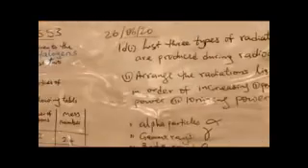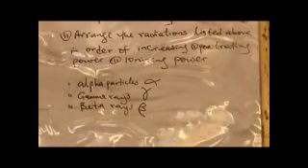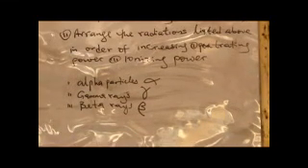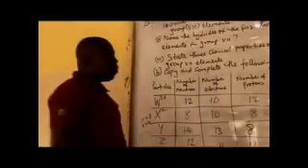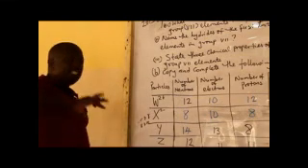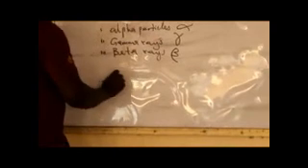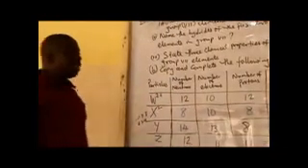Now the question is, arrange the radiations listed above in order of their increasing I, penetrating power, and II, ionizing power. Increasing penetrating power means it goes from left to right. The one with the highest penetrating power will be to the extreme right, while the lowest will be to the left.